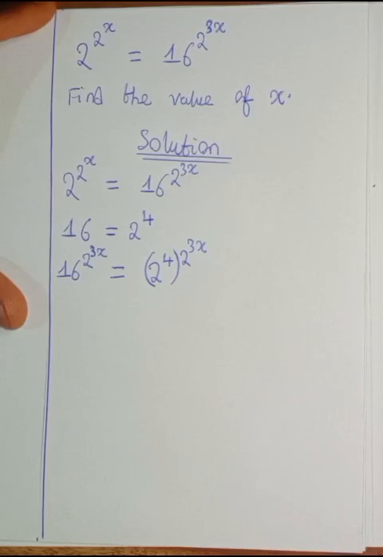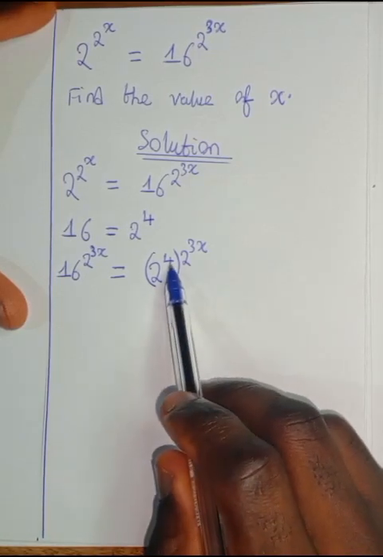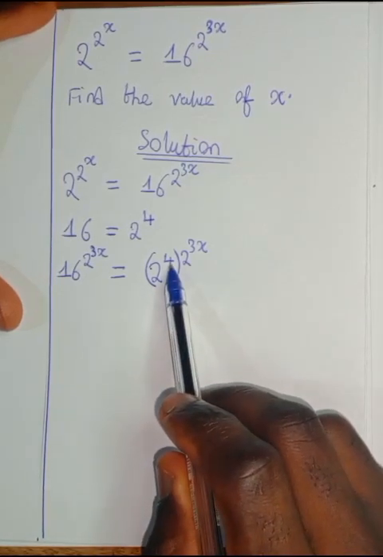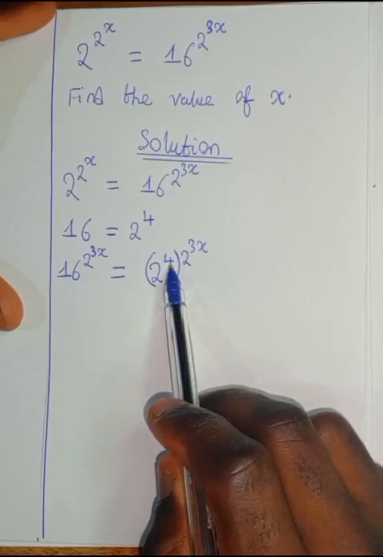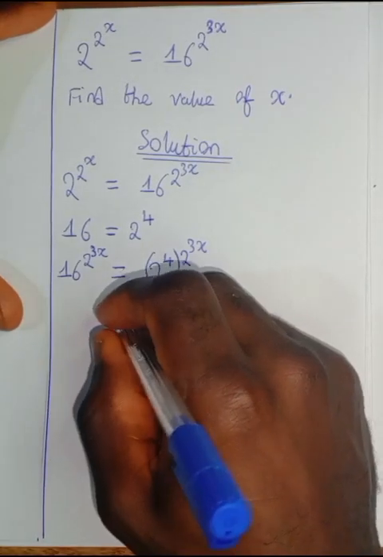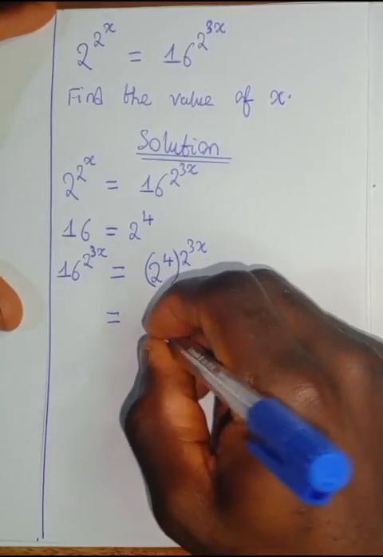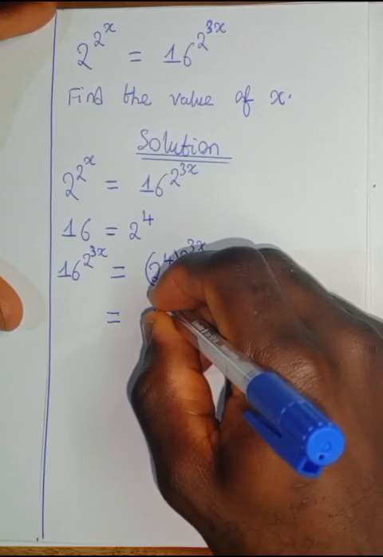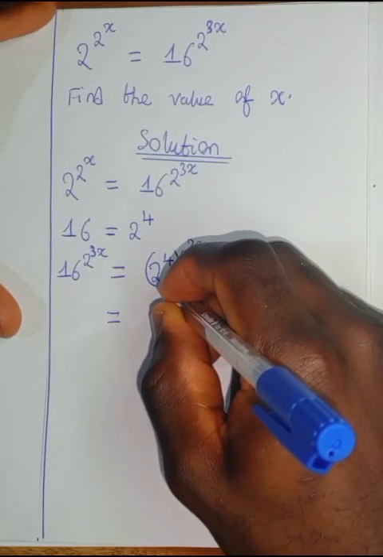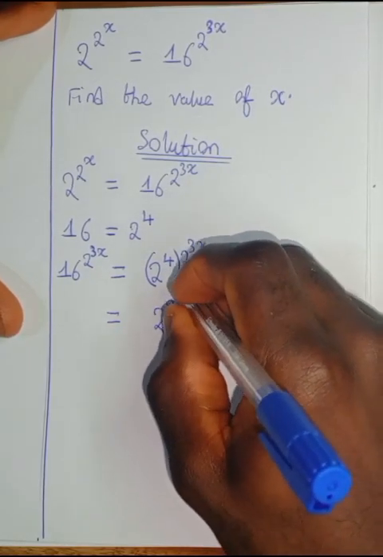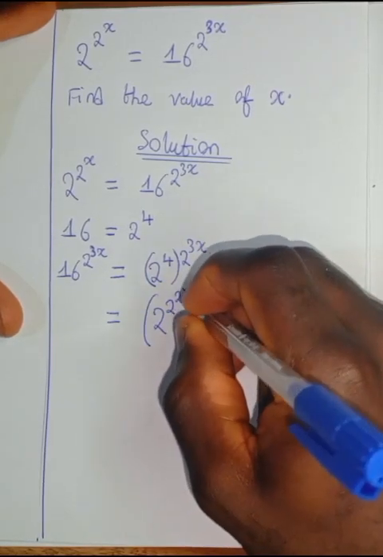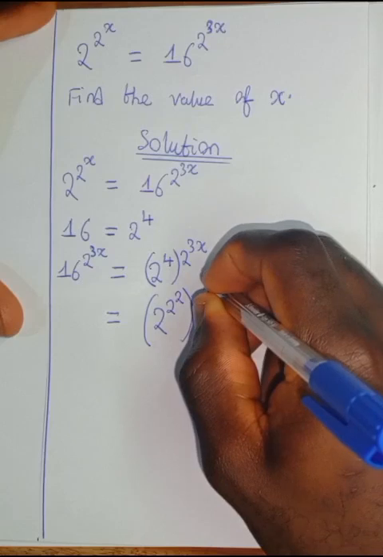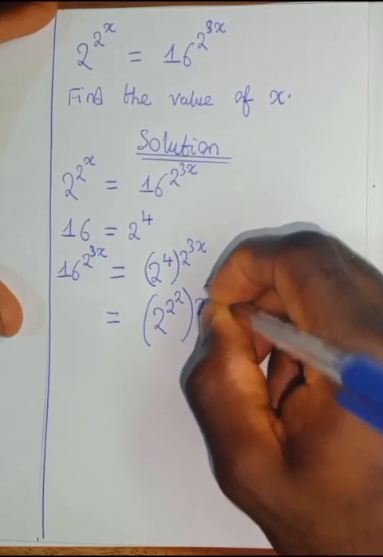The next step, we are going to express 4 here in index form with 2 at the base. We know 4 in index form with 2 at the base is simply 2 raised to the power 2. This will be equal to 2 raised to the power 2 raised to the power 2 in brackets, all this raised to the power 2 raised to the power 3x.